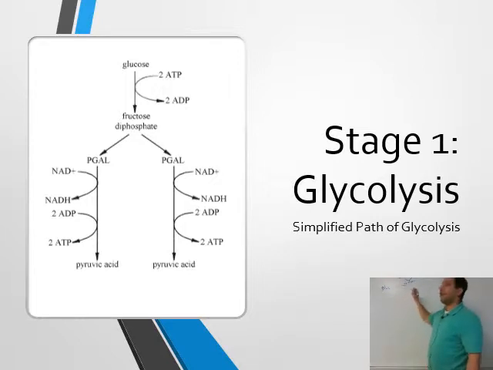All right. Also, you have 2 NAD plus go in and 2 NADH come out. We're making energy here. That is all called glycolysis. That single glucose molecule is cut in half, though, which means you're also producing 2 molecules of what's called pyruvate, or pyruvic acid.